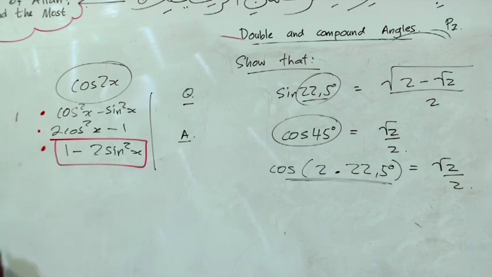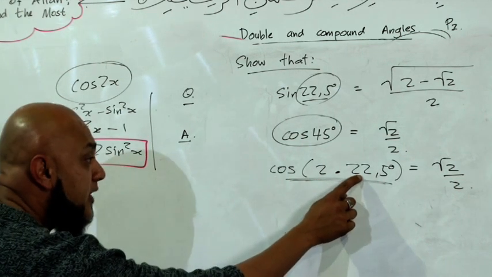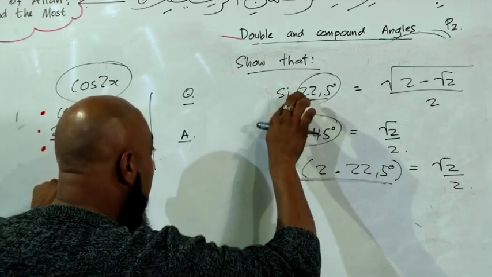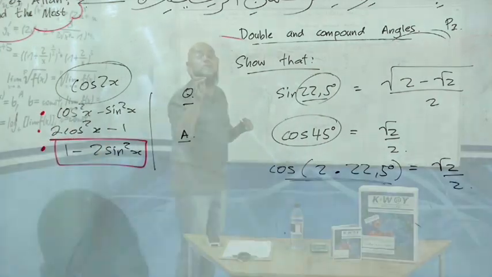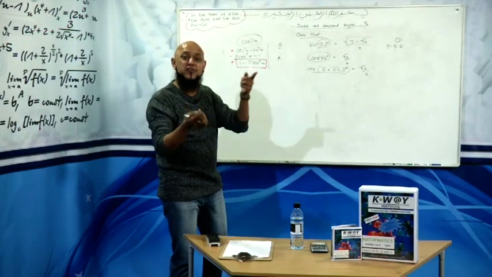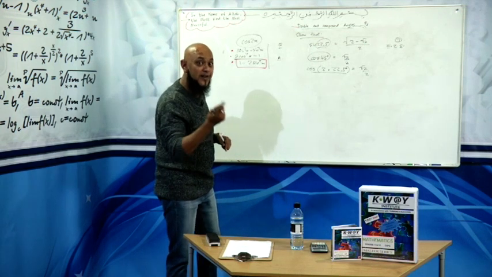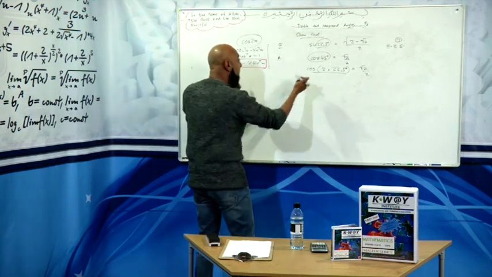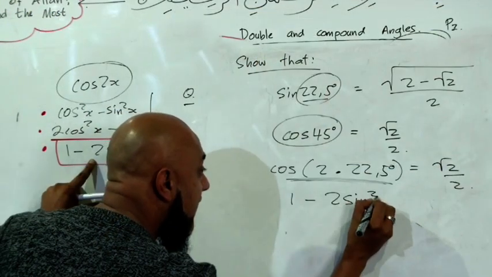Wouldn't it be the last one? Yes or no? So cos 2 times 22.5 in terms of sine, because cos can be broken up in terms of sine. Sine can't be broken up in terms of cos. That is why we use the cos double angle and not the sine double angle. Understand? I hope so.